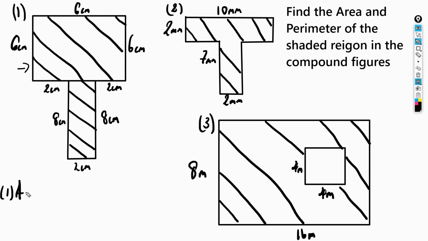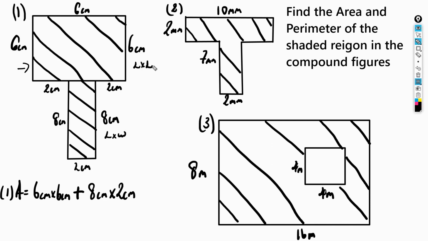To find the area, it would be the area of the square, right, which is 6 cm times 6 cm, plus the area of this rectangle down here, which would be 8 cm times 2 cm, right? Length by width, and this would be length by length.